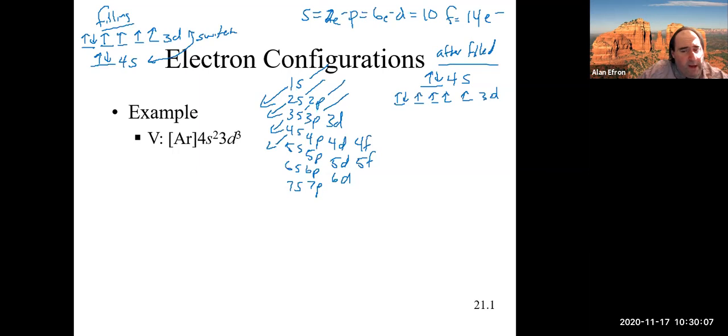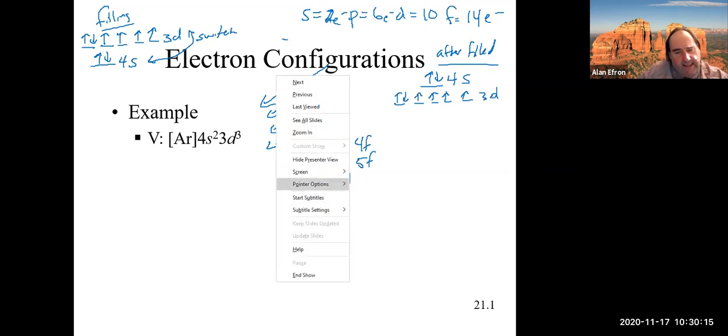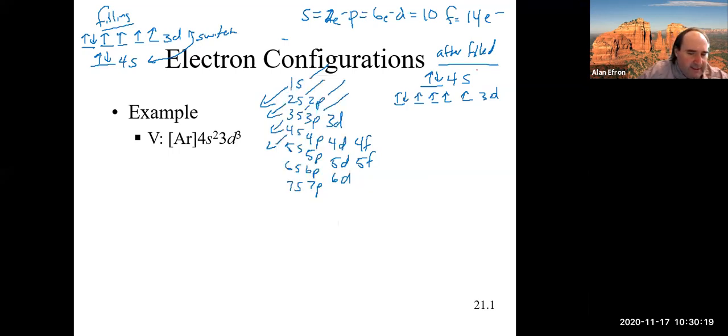That affects what happens when our transition metals lose electrons. So when things typically lose electrons, it's usually those electrons in the highest energy level that are lost. So in transition metals, what ends up happening is actually these guys here in the s orbitals are lost first in terms of electrons.